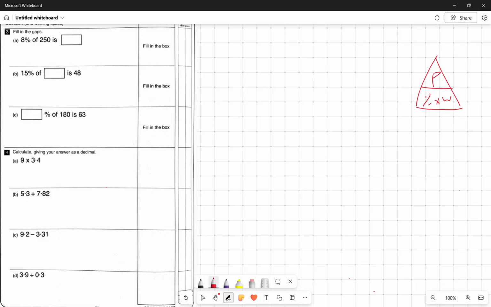P is your part amount here, and W is your whole amount, and this is the percent sign. So we are using the concept of this triangle.